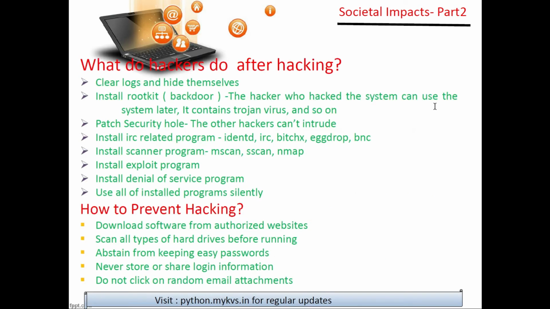What do the hackers do after hacking? First of all, their objective is to hide their identity. That's why they clear logs and hide themselves. They install a rootkit. Rootkit means the backdoor. Whenever you see a well-arranged antivirus installed on your machine, it first does the rootkit scan.